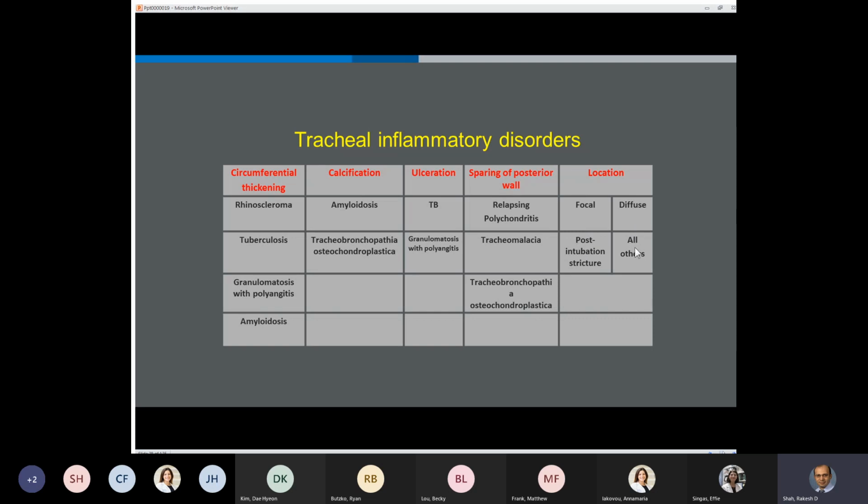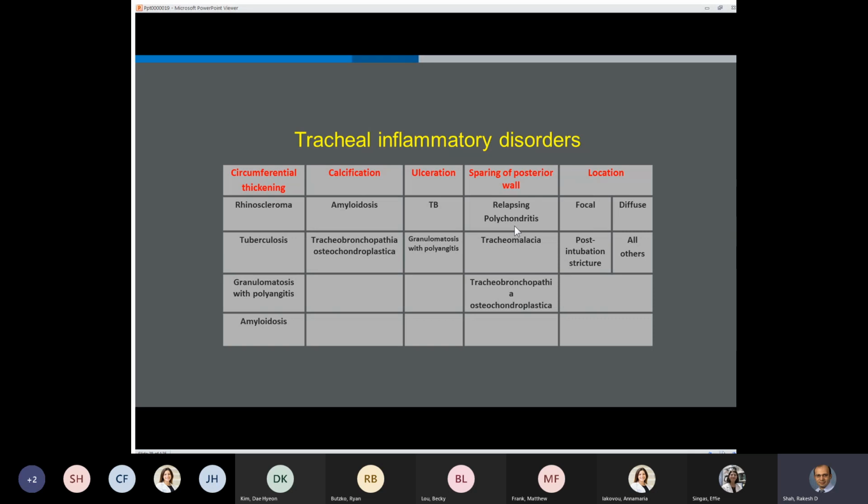If it is diffuse, then I tend to look to see whether the posterior wall of the trachea is spared or involved. If it is spared, then I know that most likely the conditions that involve the cartilage, the horseshoe-shaped ring, is likely the cause of the pathology.